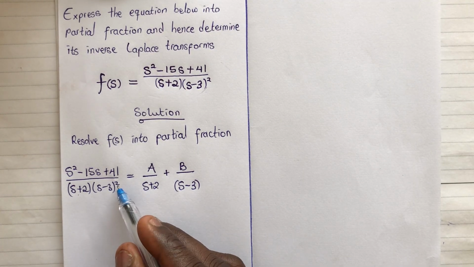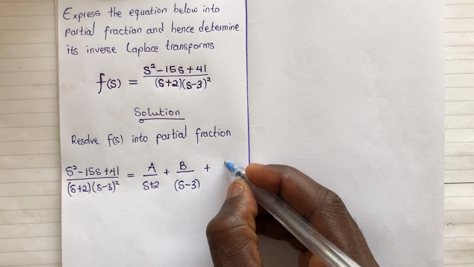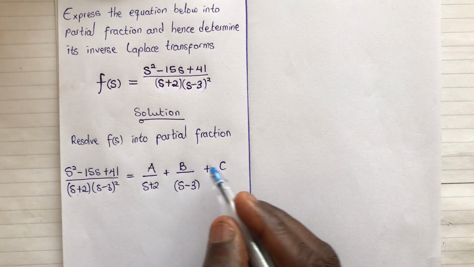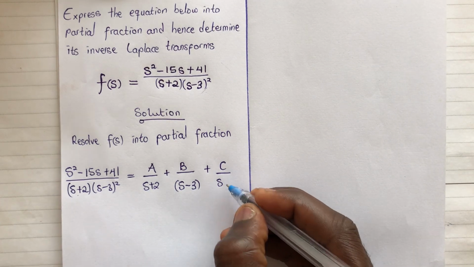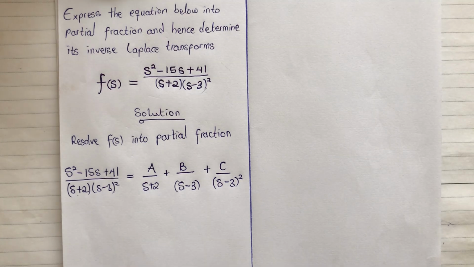For a repeated factor, we have two constants. Then we have plus C over the same s minus 3, but this time squared.